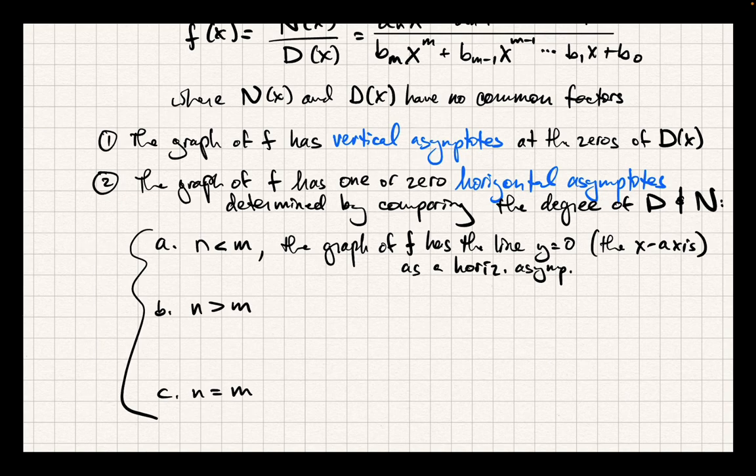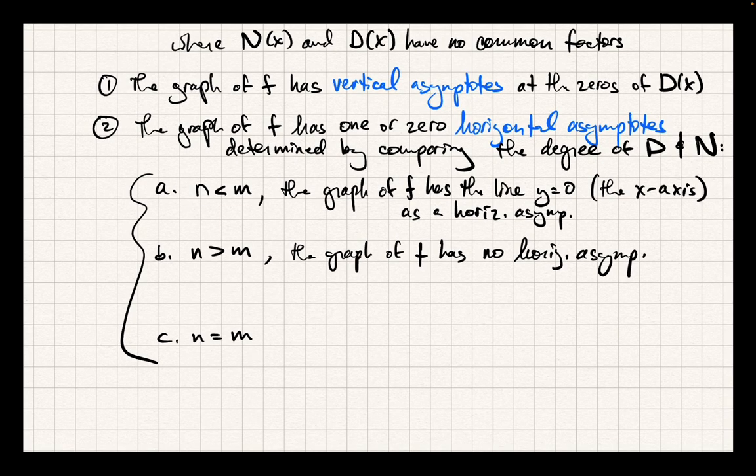So when n is greater than m, the graph of f has no horizontal asymptote. Okay, last case.